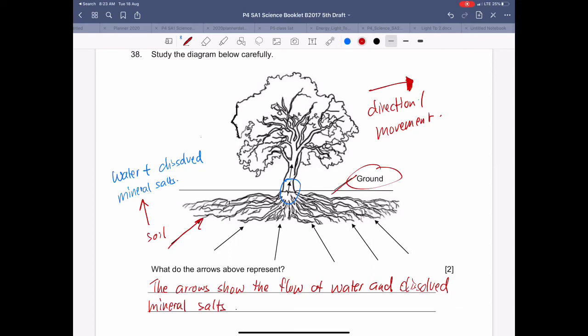If you're even better, you can tell me it shows the flow of water and dissolved mineral salts from the soil to the plant. But you do not need to do that because generally it's just the general flow of it.